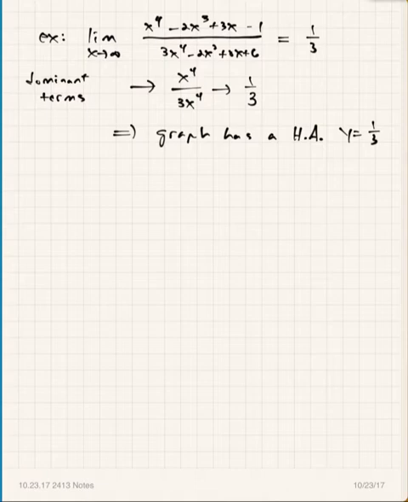All right, now there's an alternate way of looking at this kind of problem that I want to show you. Some of you may have seen this other technique before.